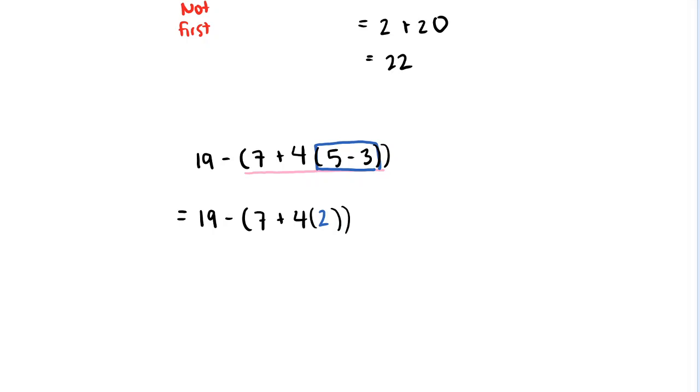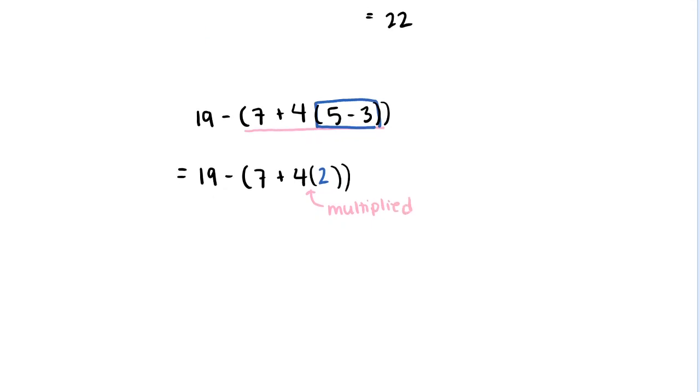And then here, there's no operation between this 4 and this 2, so this is telling us that these are multiplied together. And so here, we're still looking at evaluating this set of parentheses now. And to do so, we perform our order of operations. We have addition, we have multiplication there.